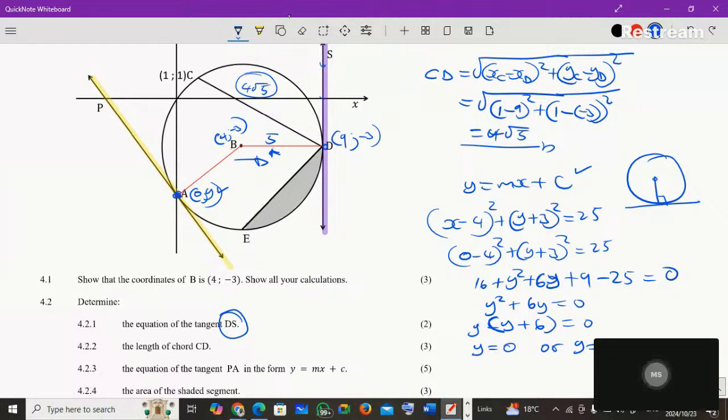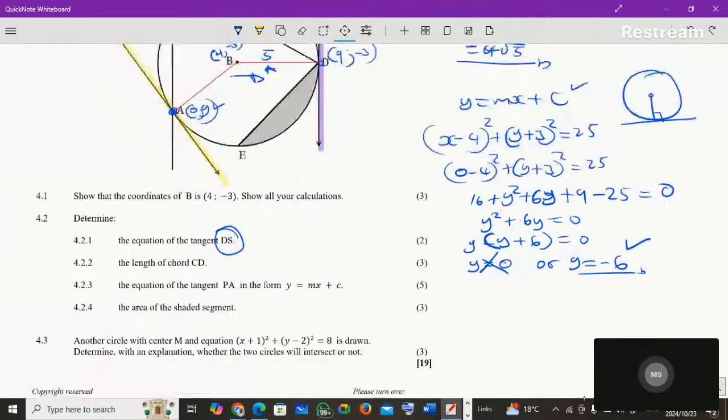We want y equal to negative 6, because the other y intercept is here. The other point is 0 and 0, where x is 0 and y is also 0, which is over there. So we discard this one; we are not looking for it.